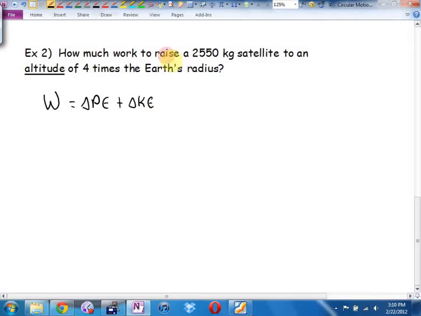The word raise, is that a synonym for lifted? So I don't think we're in a stable orbit. In fact, let's assume starting at rest, ending at rest. So here's the Earth. Our altitude is 4 times the Earth's radius.